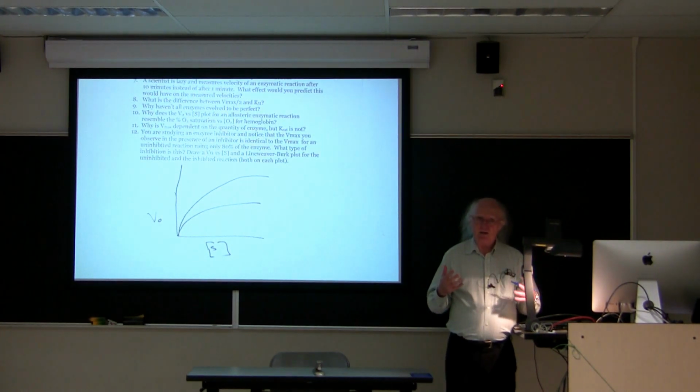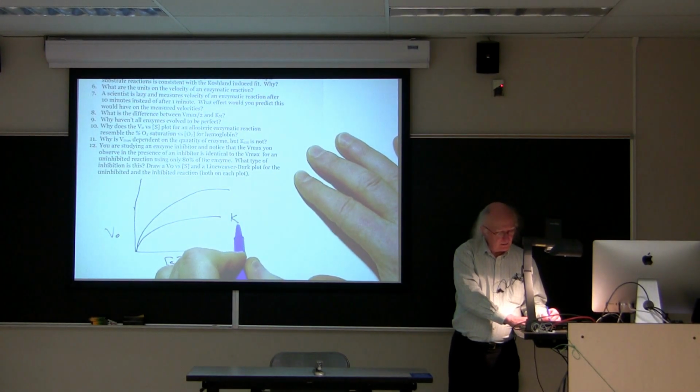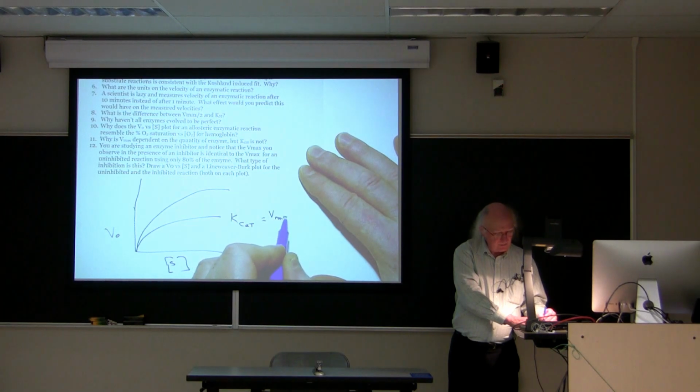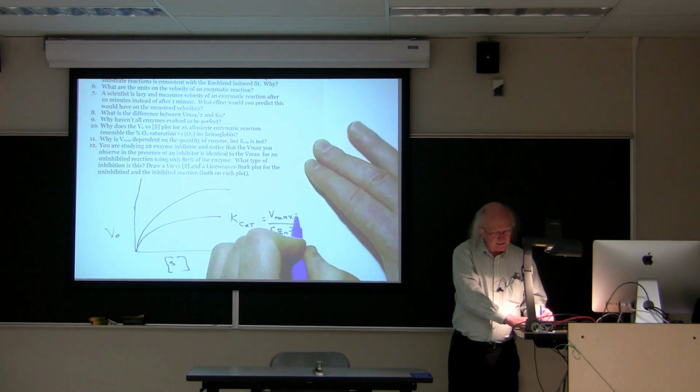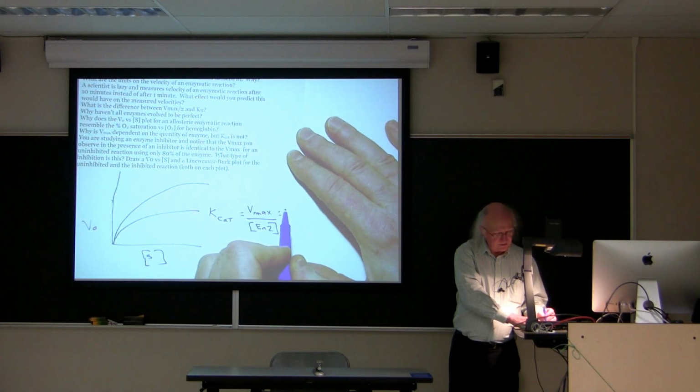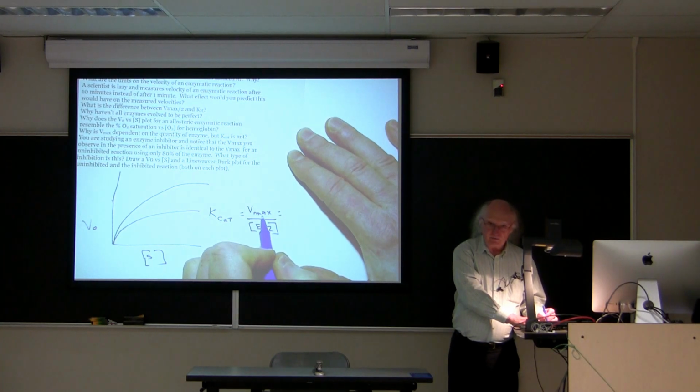And the reason is because of the way that Kcat is calculated. Kcat is calculated as the Vmax of a reaction divided by the concentration of enzyme. Remember that Vmax is a concentration; that is, the velocity is a concentration divided by time.